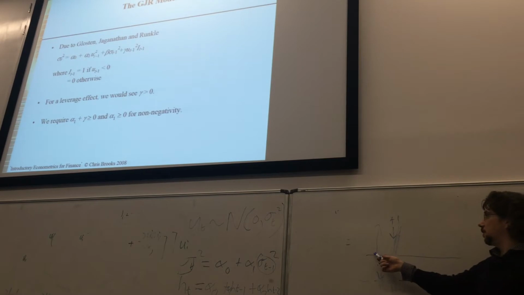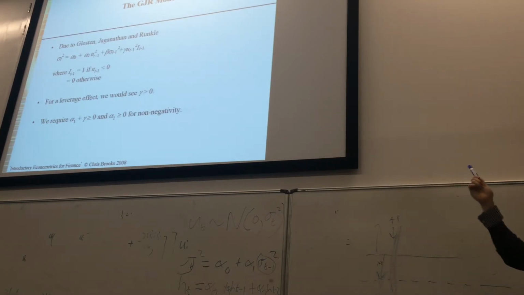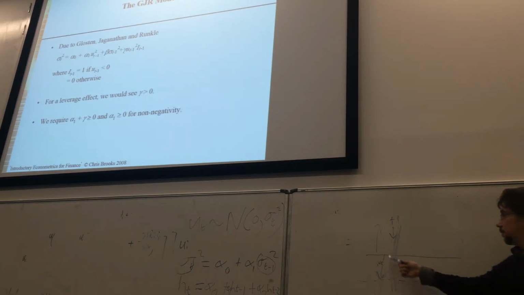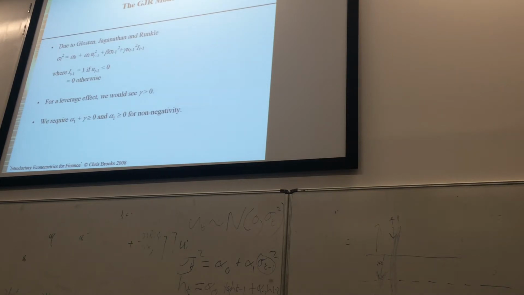So if yesterday's return was positive, we just have a normal GARCH(1,1). If yesterday's return is negative, we get an extra term in addition to the GARCH(1,1), and it increases volatility because of the negative return yesterday. The size of the increase is going to depend on the size of the negative return yesterday as well, because it depends on u of t minus 1 squared.